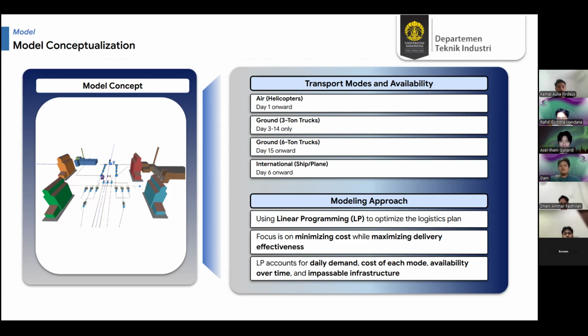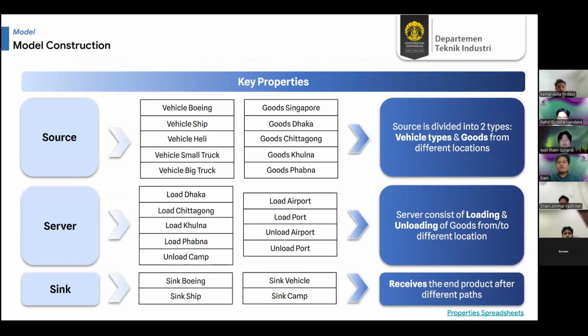For the model construction, the key properties are as follows. The source includes vehicle Boeing, vehicle ship, vehicle heli, vehicle small truck, vehicle big truck, and goods Singapore, goods Dhaka, goods Chittagong, goods Khulna, and goods Pabna. So the source is divided into 2 types: vehicle types and goods from different locations. The server consists of loading and unloading of goods from 2 different locations.